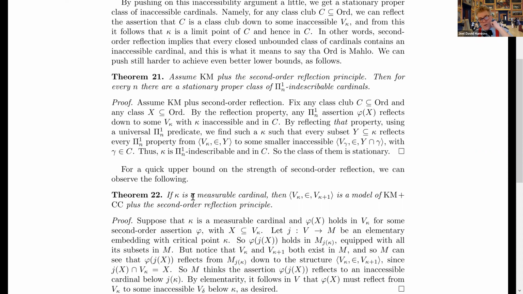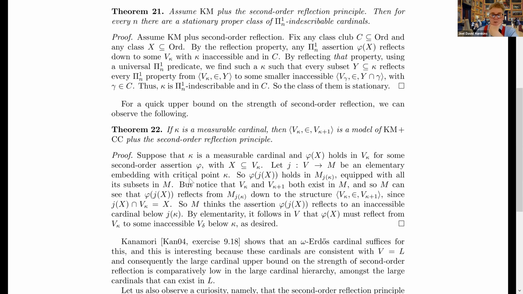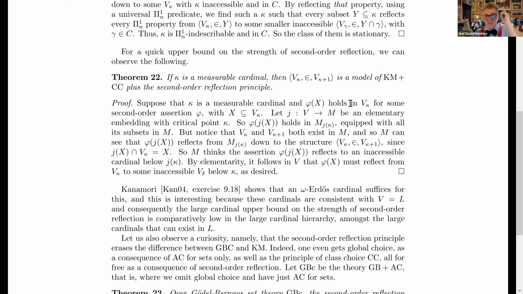And for an upper bound, if kappa is a measurable cardinal, then V kappa will be a model of Km plus CC plus the second order reflection principle. So let me just explain that a little bit. If kappa is measurable and phi of x holds in V kappa, so a second order phi, then just apply the measurability embedding with critical point kappa.